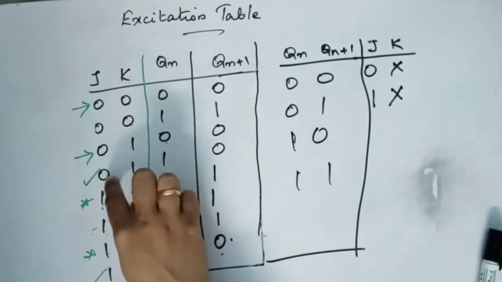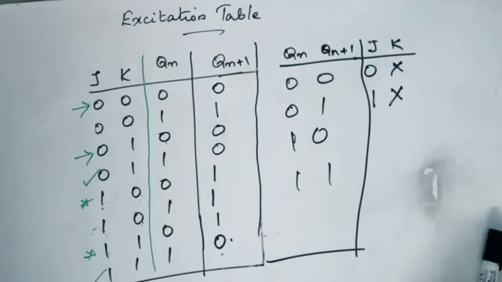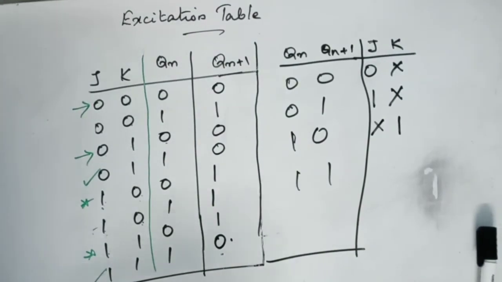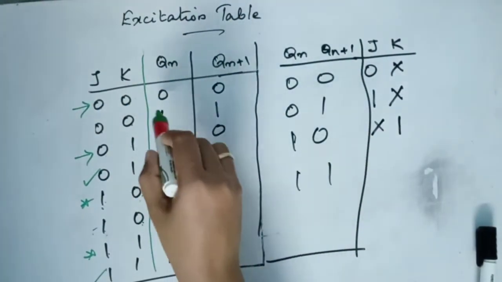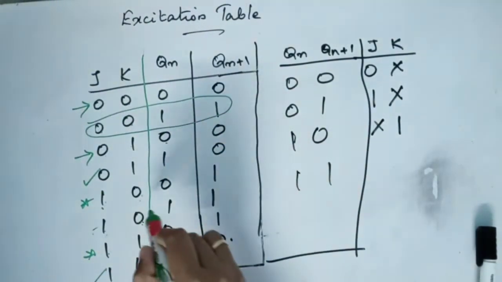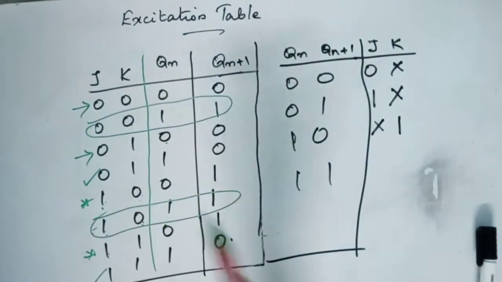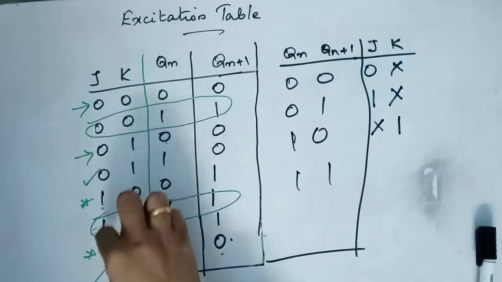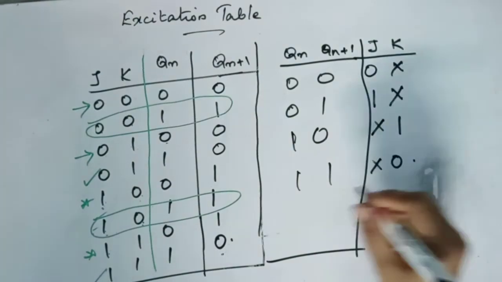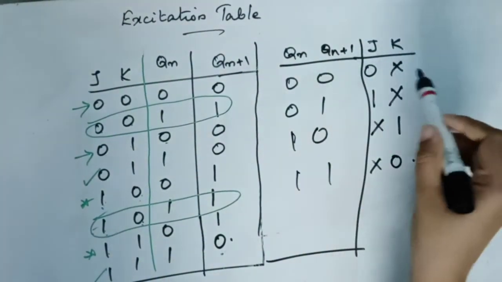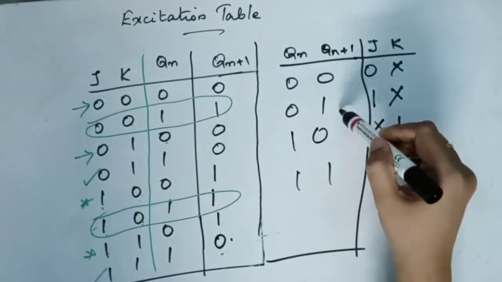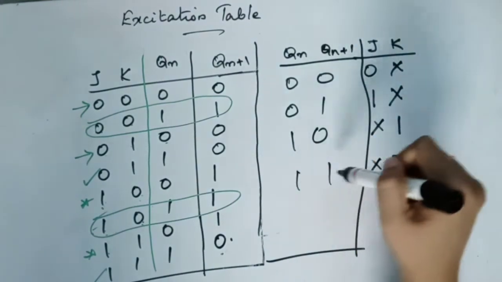So here J is don't care and K is 1. For 1 1, here we have 1 1 and here we have 1 1. So in 1 1, J is don't care and K is 0. So this is the excitation table of the JK flip-flop: 0 0 gives 0 and don't care; 0 1 gives 1 and don't care; 1 0 gives don't care and 1; 1 1 gives don't care and 0.